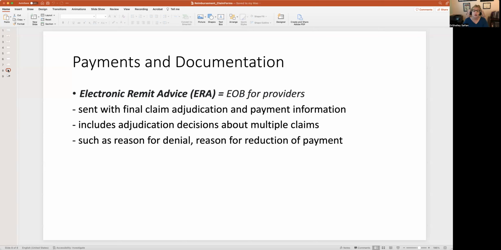Okay. So the fact is that in order to do our jobs correctly, not only do we need to interpret the documentation into the appropriate codes, we need to check and make sure that the diagnosis codes support medical necessity for the procedure codes that we're going to put on this claim form. We have to also make sure that we check eligibility and verification. Remember, we talked about that also.